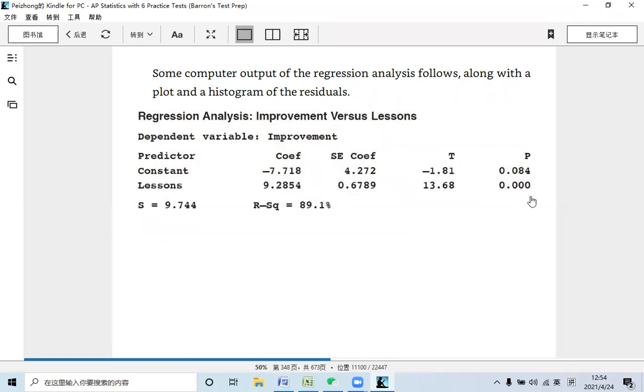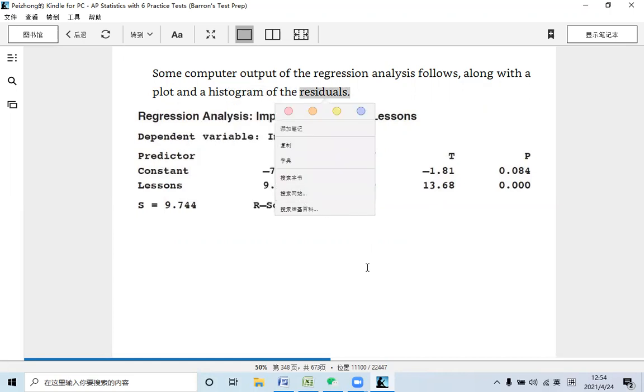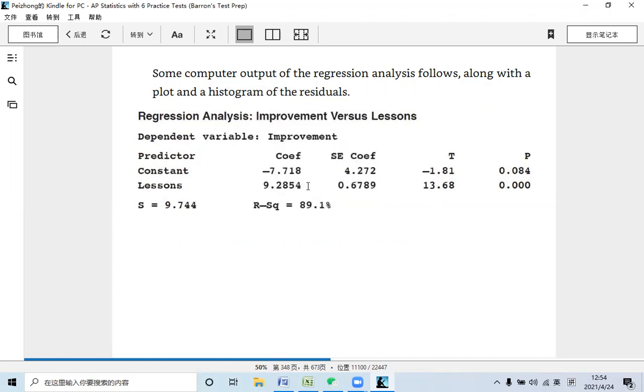You would have a small p-value. The p-value would be smaller than 0.05 at a minimum. That means the probability that this difference between the observed value here, 9.285, occurred by chance is smaller than 5%.